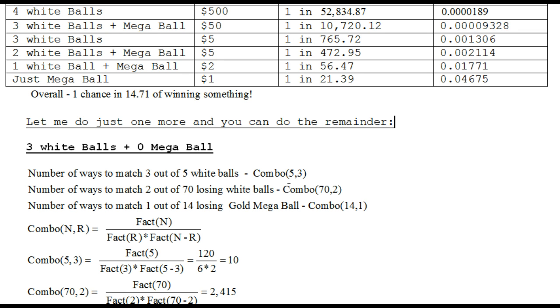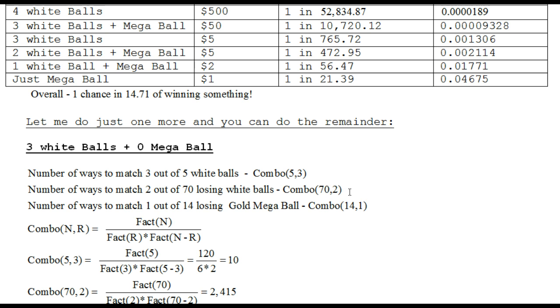So the other 2 that we missed, well, we have to find the probability of picking them out of the 70 losing balls. Because 5 of the white balls are correct. We only picked 3 of the 5 correct, so we picked 2 out of the losing 70 balls.